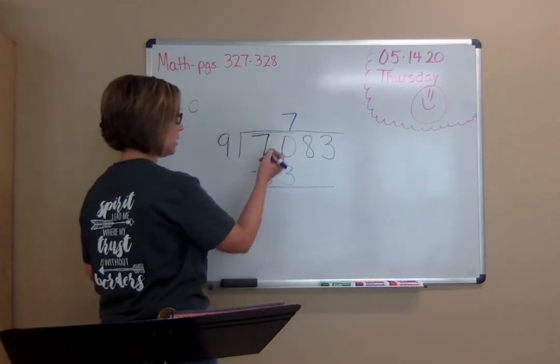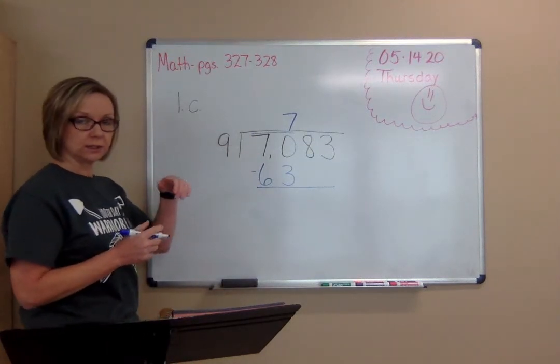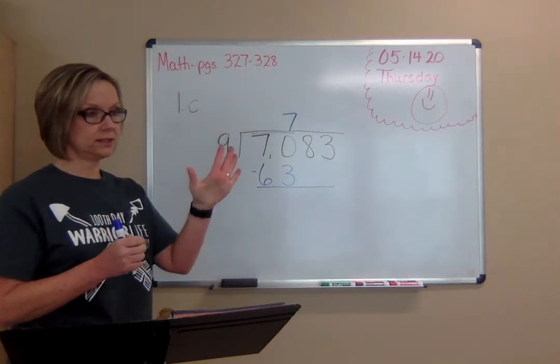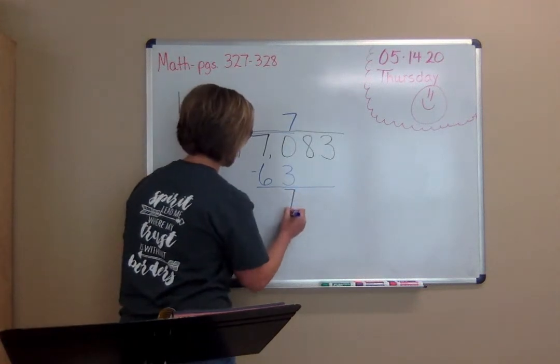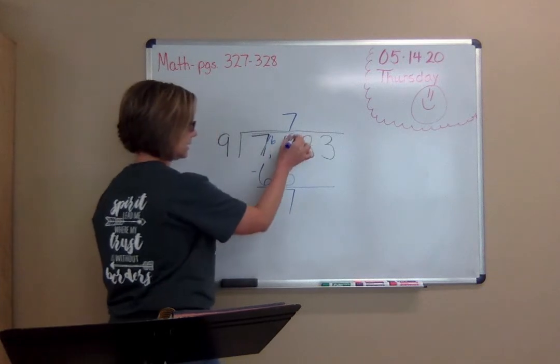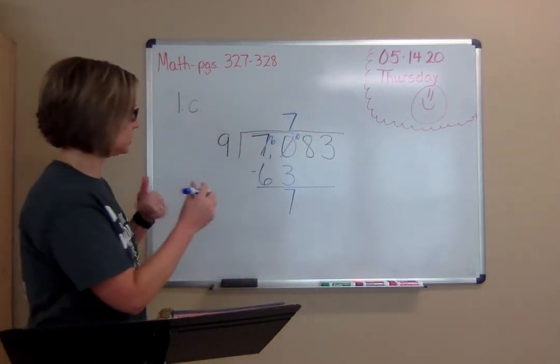You can borrow here, or 63 lives close to 70. You can say 63, 64, 65, 66, 67, 68, 69, 70. And your answer is 7. Or if you want to borrow, that becomes a 6. That becomes a 10. 10 minus 3 equals 7. But they live close together. You can count if you want to.